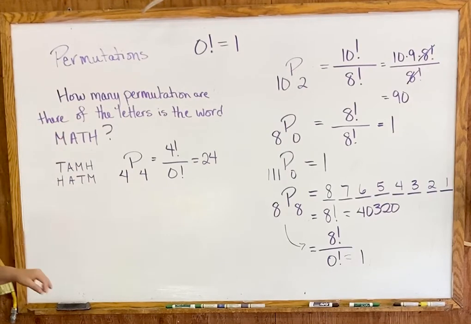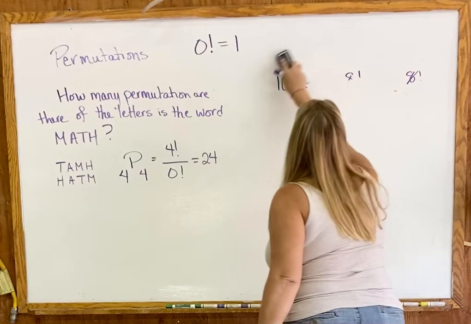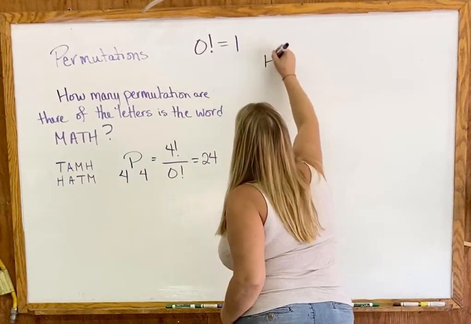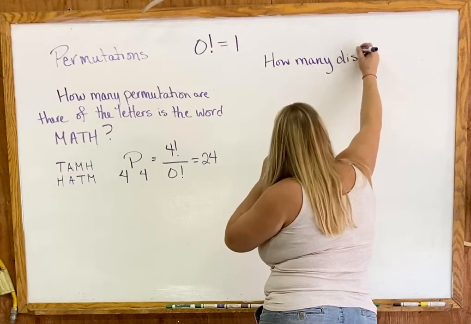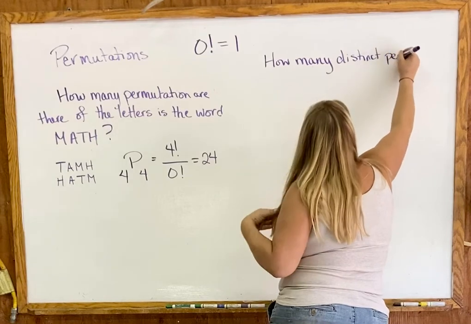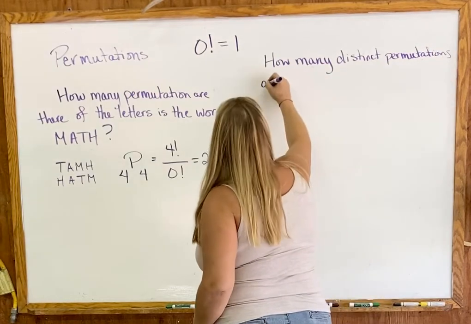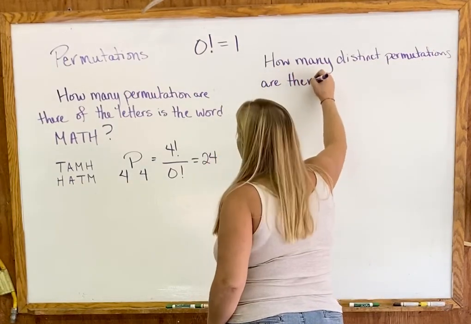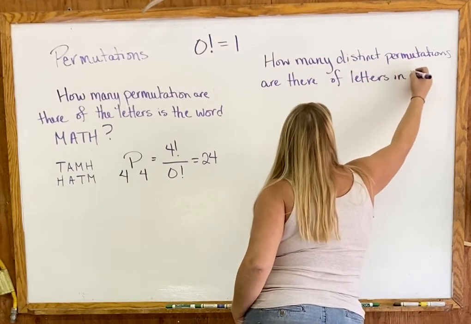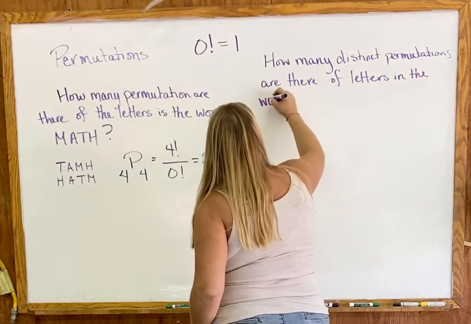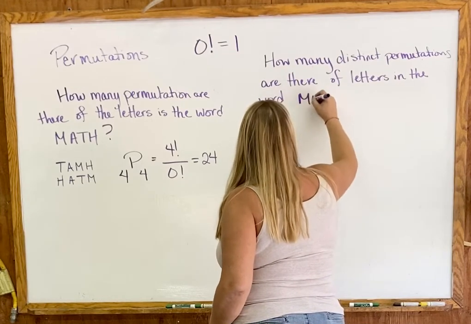Now I'm going to ask the same question, but I'm going to change this up to make it a little bit harder. How many distinct permutations are there of the letters in the word mom.